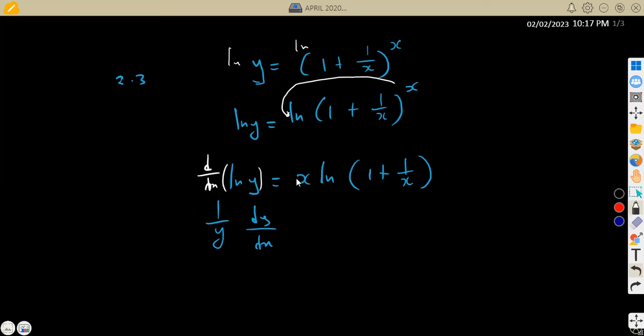The same thing here is the derivative with respect to x. So 1 over y dy/dx is equivalent to what? On this side of the equation, these two are multiplying each other, so we've got a product of these two, a product of x and ln in this case.